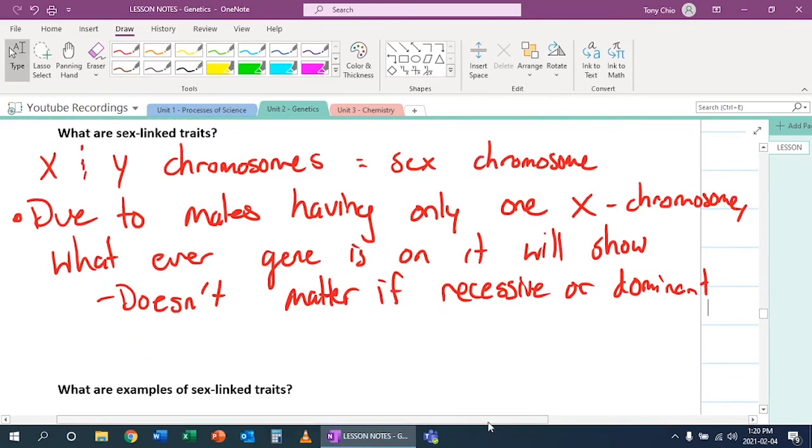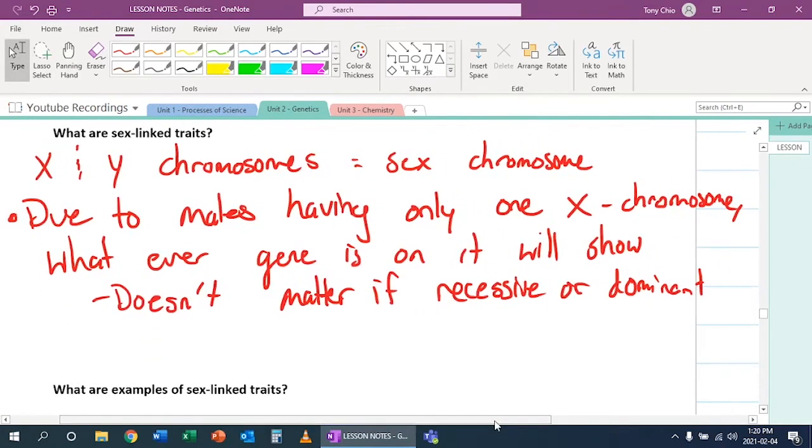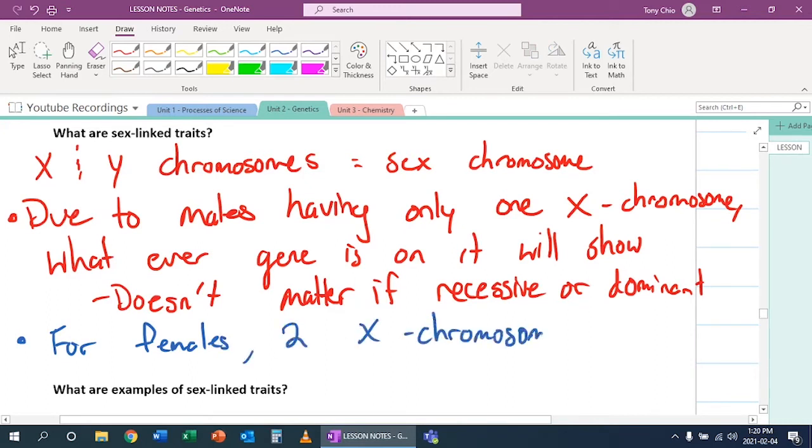Because for females, having two X chromosomes allows for dominant and recessive.